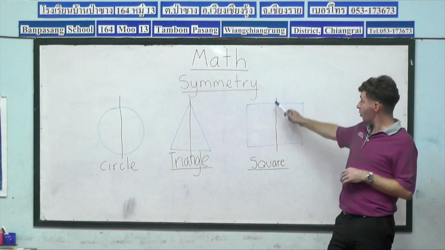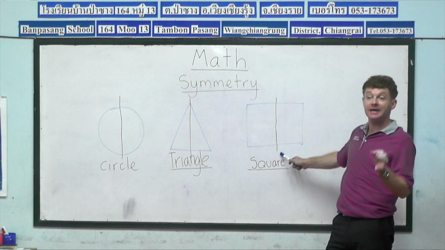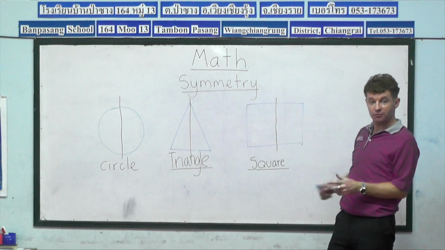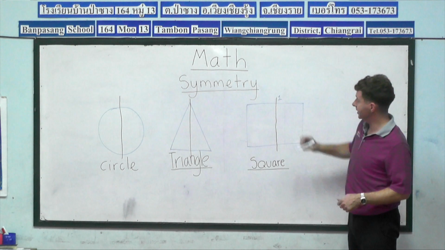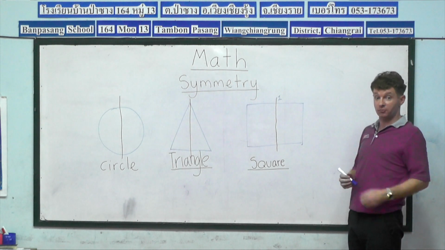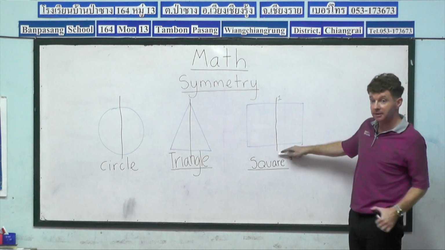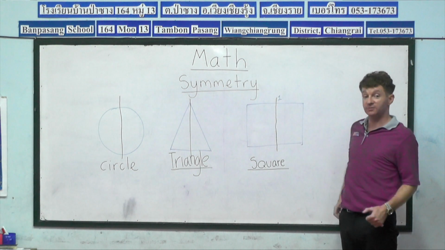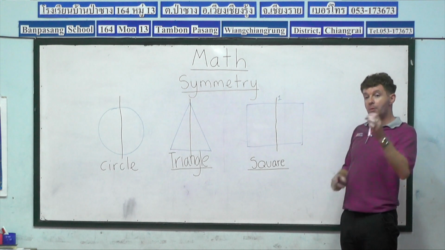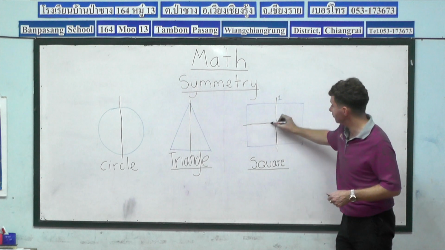Square. And what do we call this line going down the middle? Line of symmetry. So you see, so far we have one line of symmetry, because when we draw our line down the middle horizontally, both sides look the same. But how about if I draw another line of symmetry here?